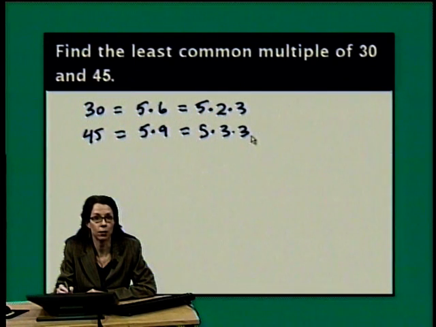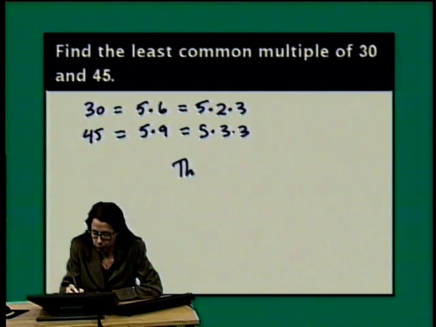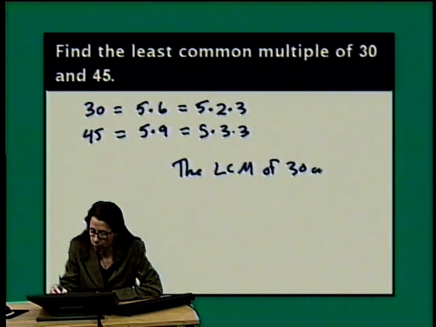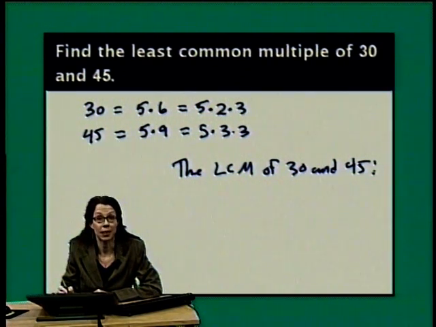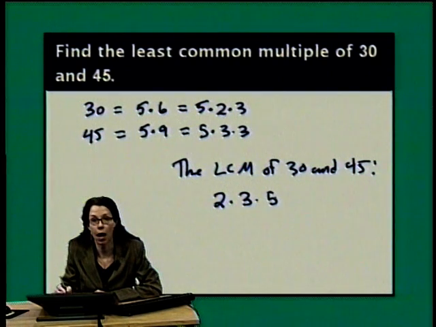Now let's find the least common multiple of 30 and 45. The first thing we want to do is list the primes that occur in each of the factorizations. So I have a 2, I have a 3, and I have a 5.